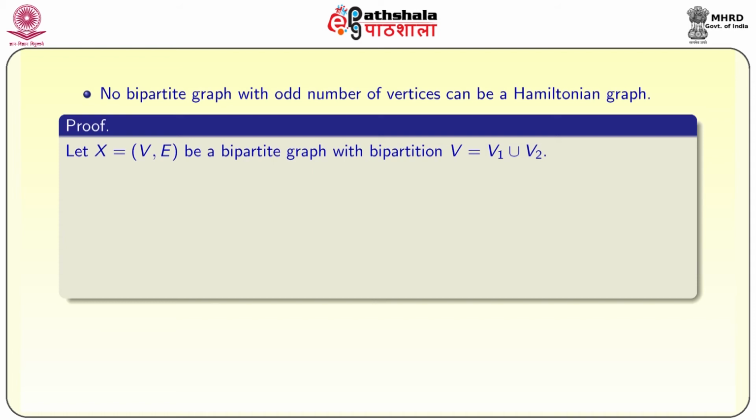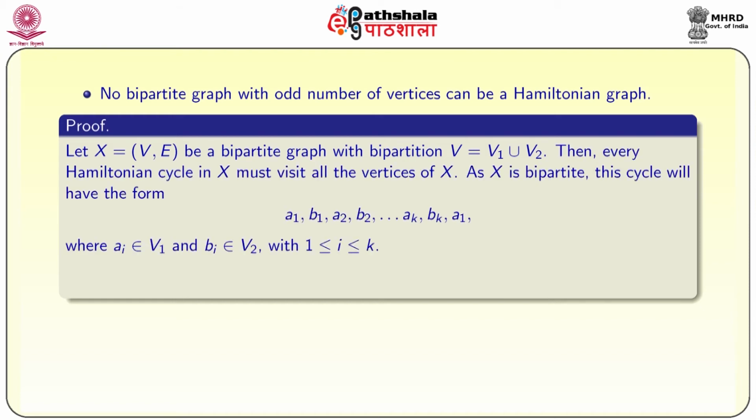Let X equal to (V, E) be a bipartite graph with a bipartition V equal to V1 union V2. Then every Hamiltonian cycle in X must visit all the vertices of X. As X is bipartite, the cycle will have the form a1, b1, a2, b2 and so on, ak, bk and again a1, where a belongs to V1 and b belongs to V2.